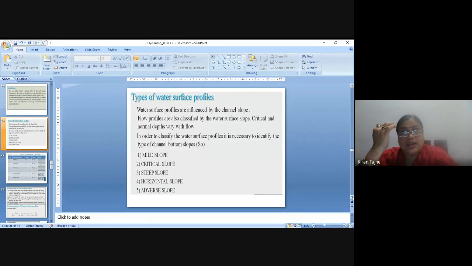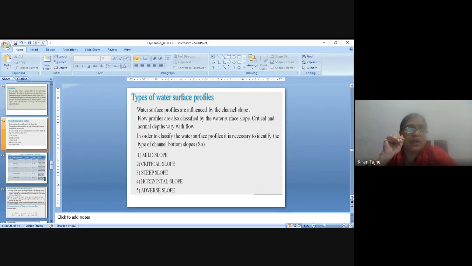When the bottom slope is equal to the critical slope, then it is termed critical slope. Here the normal depth of the flow is equal to the critical depth, that is, yn is equal to yc.